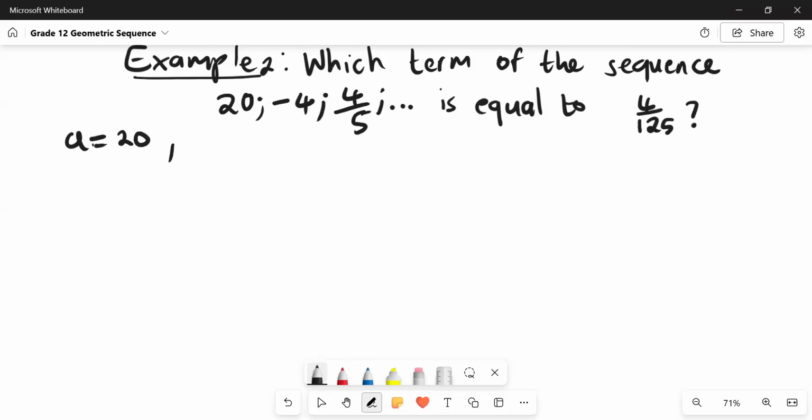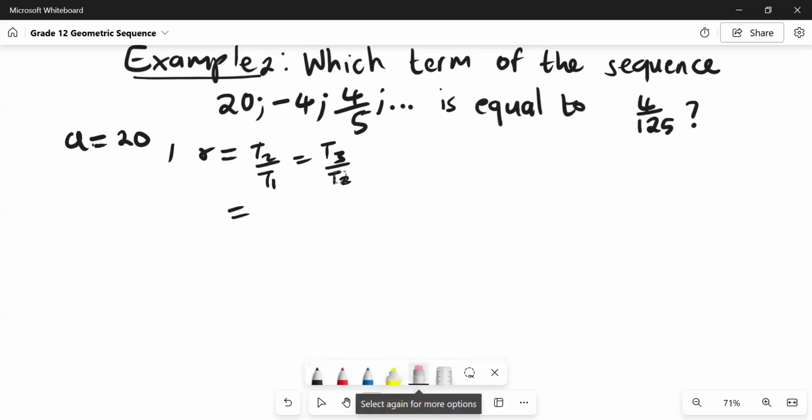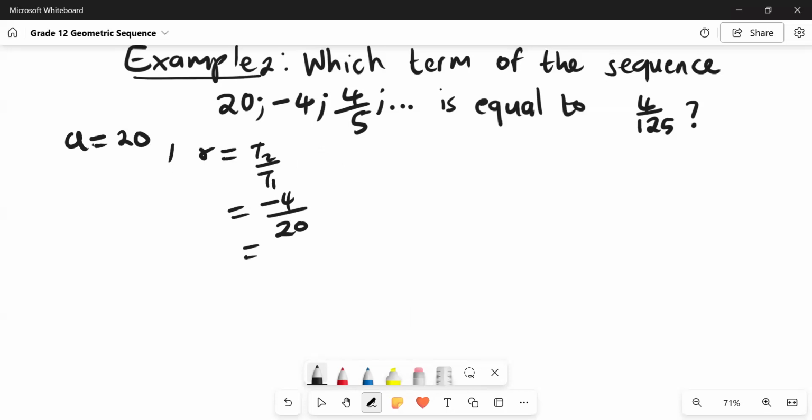Let's look for R. Again, T2 divided by T1 equals T3 divided by T2, and then you'll get your R, right? So what is our T2? That's negative 4 over 20. And what do you get? You get minus 1 over 5.